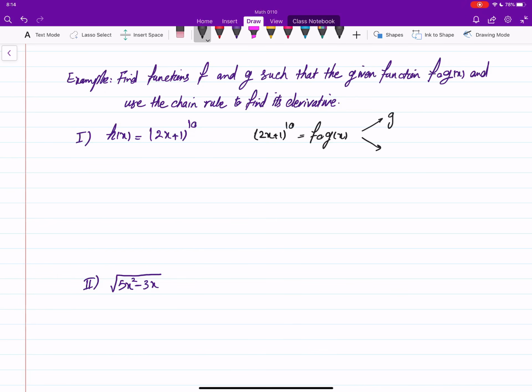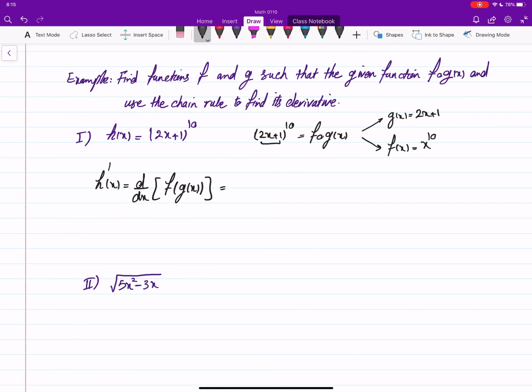The inner function is the one we compute first, 2x plus 1. And the outer function is the one we do at the end, the power 10. Now we are trying to find h prime of x. It means we are trying to find d/dx of f at g(x).